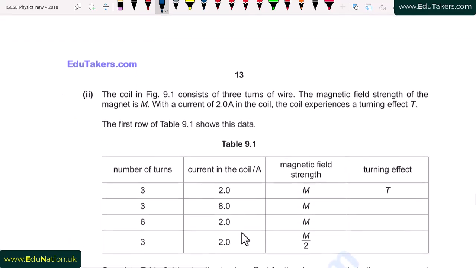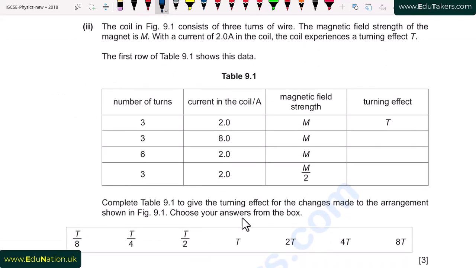Going towards the next part 2. The coil in figure 9.1 consists of 3 turns of wire. The magnetic field strength of the magnet is M, with a current of 2.0 ampere in the coil. The coil experiences a turning effect T. The first row of table 9.1 shows this data.